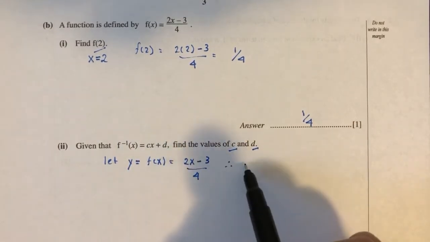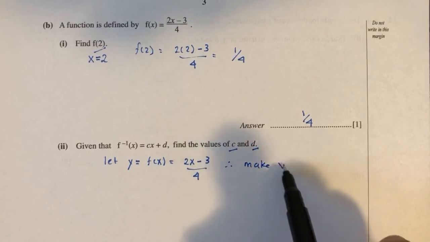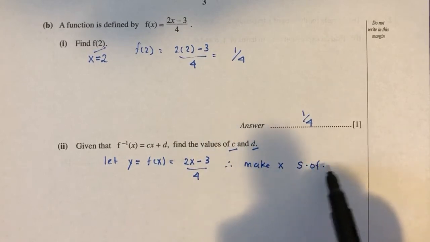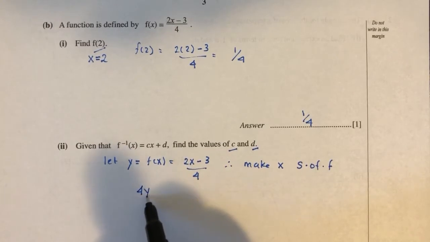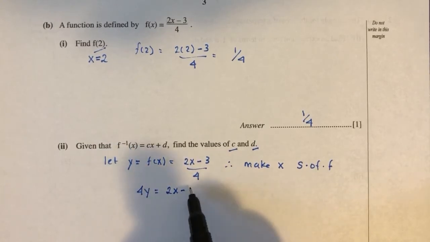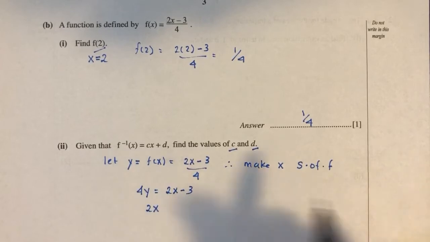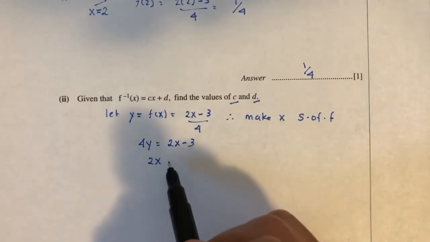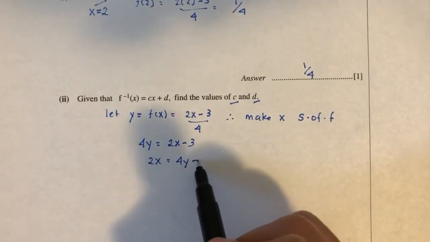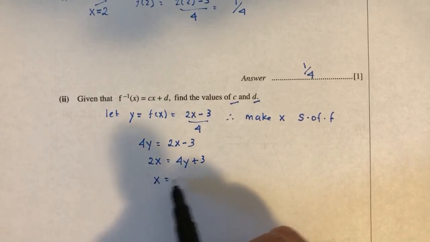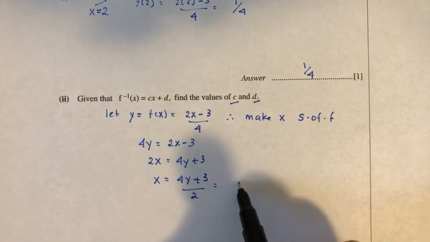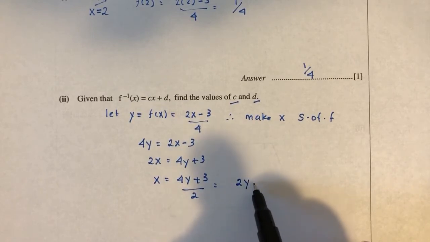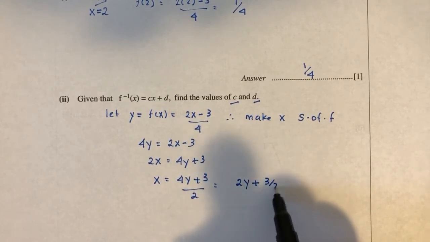So then we have to make x the subject of the formula. So first step, we cross multiply, we will have 4y equal to 2x minus 3. So 2x will be equal to 4y plus 3. So x is 4y plus 3 divided by 2, which is 2y plus 3 over 2.